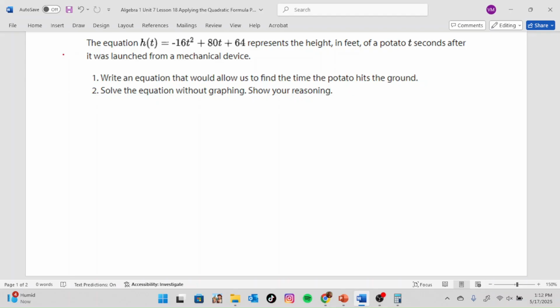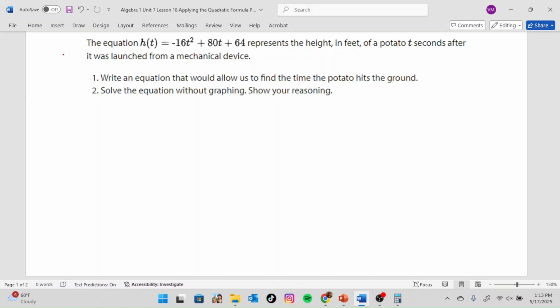So here's what they mean. If a potato is on the ground, then the height must be 0. The equation itself, h of t, is representing the height of the potato above the ground.